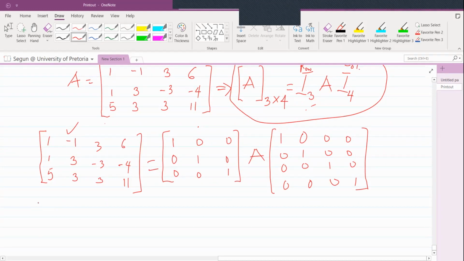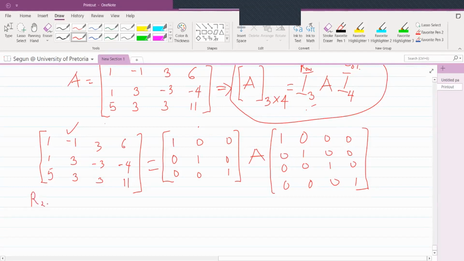Column 2? Remember, row comes first. Okay, so we do row 2. Row 2 leads to what? Row 2 minus row 1. Row 2 minus row 1.